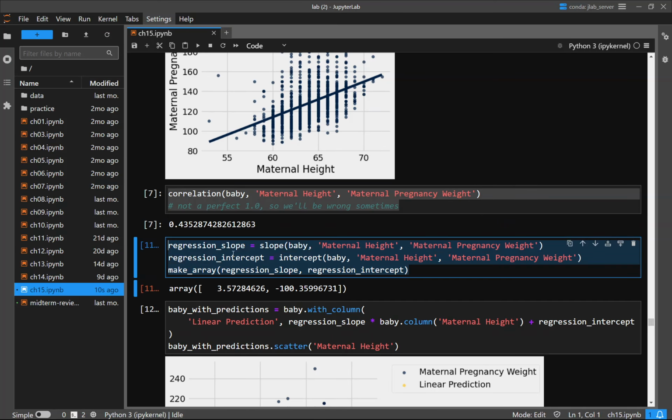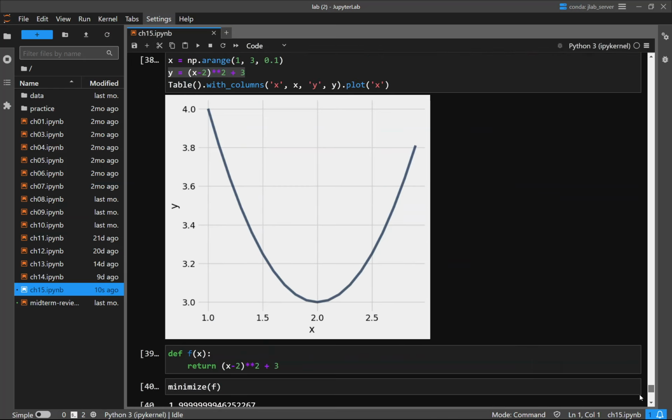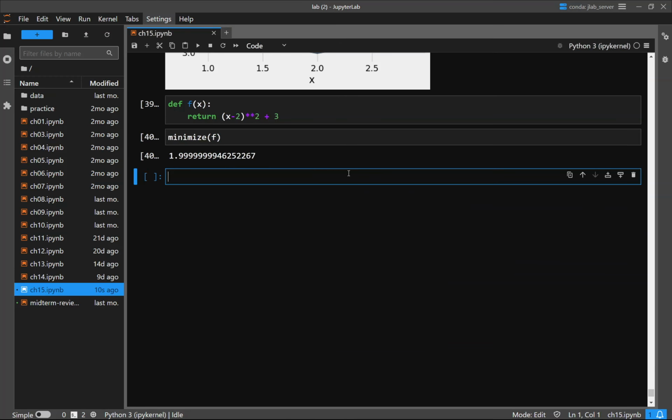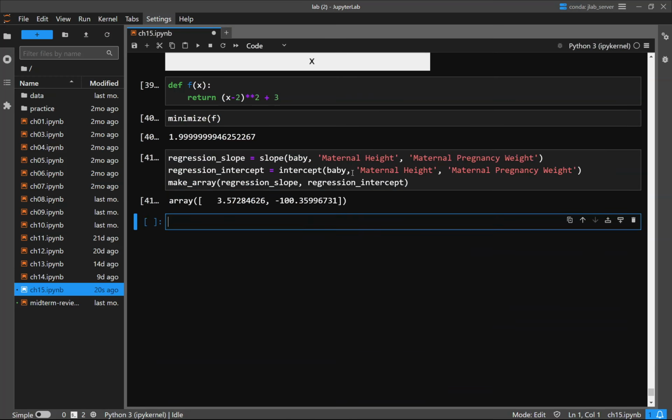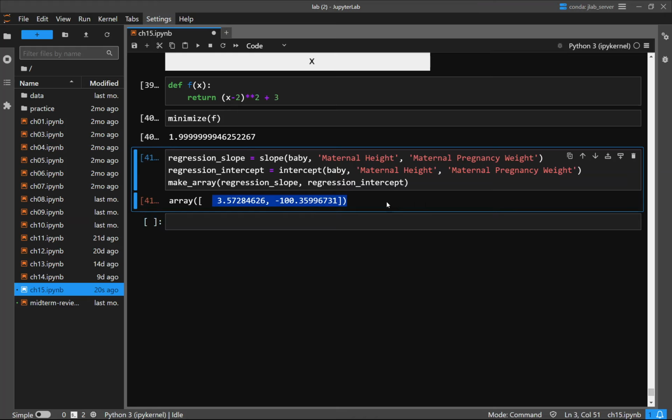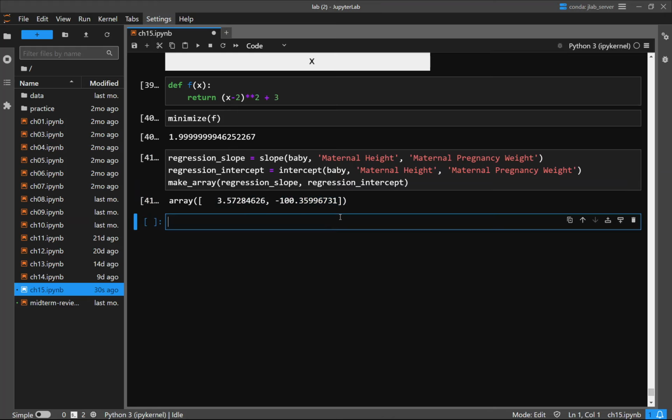Let's remember all that, and let me prove to you that this worked out well. This was for our baby stuff: the slope and intercept of our regression line for maternal height predicting maternal pregnancy weight. Here they were.